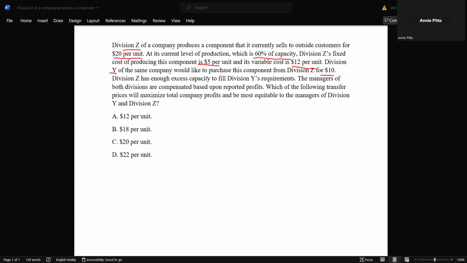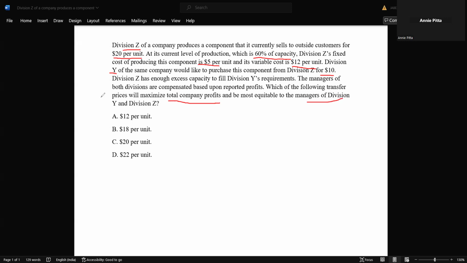The question says, which of the following transfer prices will maximize total company profits? So it should be beneficial for Division Z and Division Y, and also the overall company's profit should be at its maximum. It should also be most equitable to the managers of both divisions.